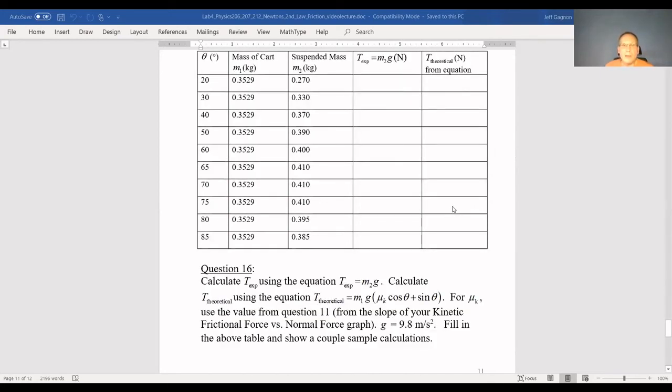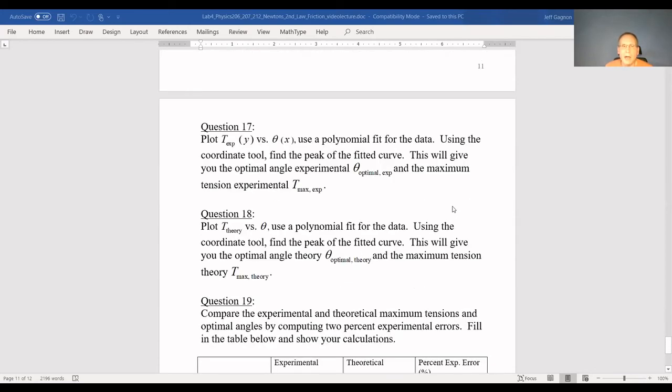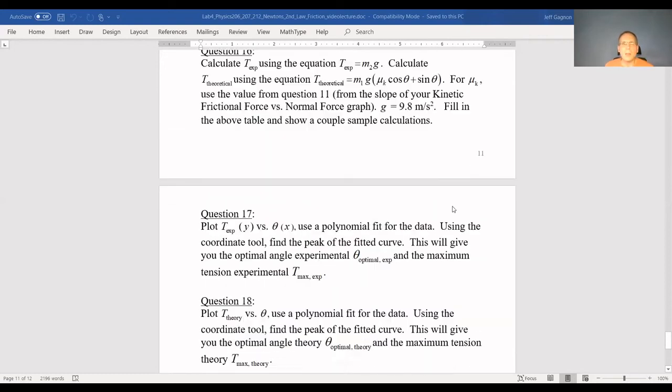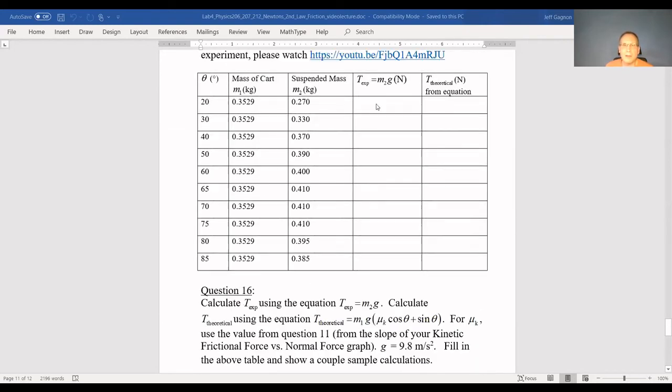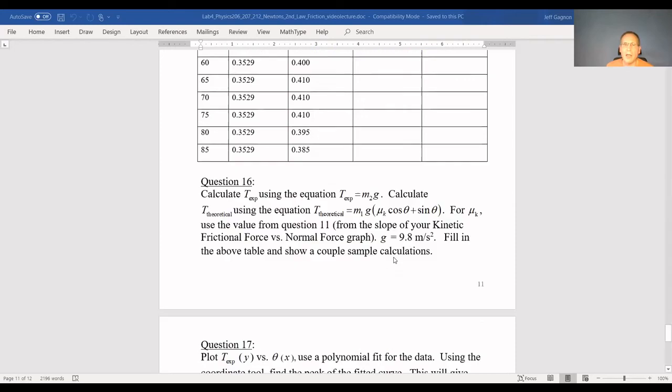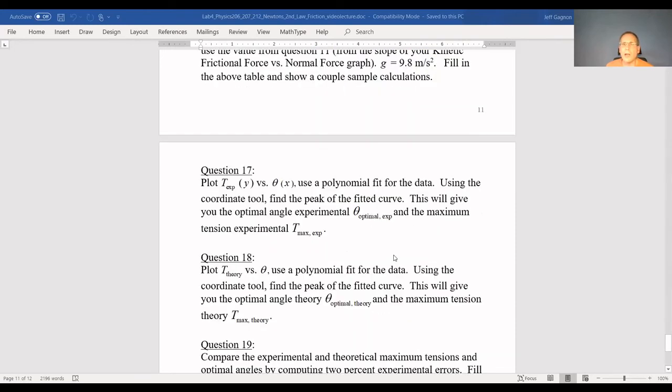Okay, then what I want you to do is, actually, you're going to do 2 plots. You're going to plot T experimental, so tension experimental, on the Y, and angle on the X, okay? And then you want to do a polynomial fit, there'll be some type of curve, and now using the coordinate tool, just like we did in the projectile motion lab, I'll actually jump on Capstone in a second and show you how to do this.